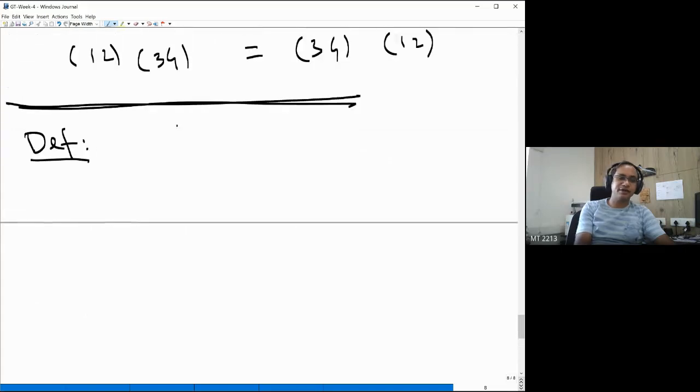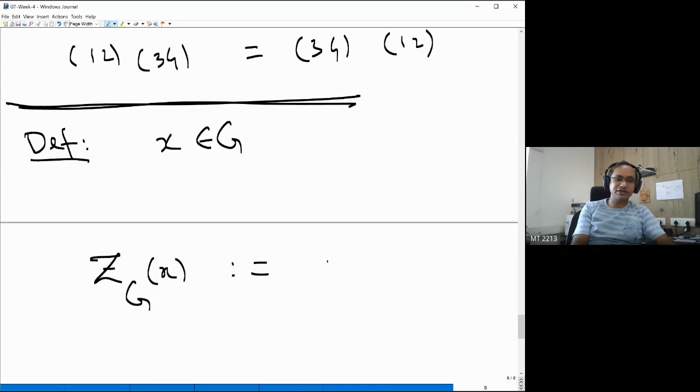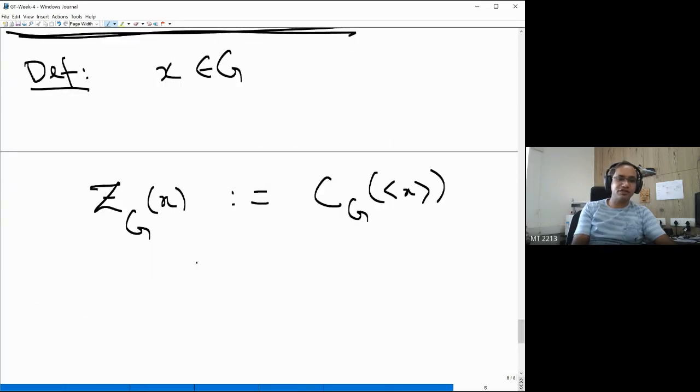If I have some element X in G, then we define the centralizer of X in G to be the centralizer of the subgroup generated by X in G. Instead of writing it this complicated way, you can think of it simply as all those elements of G which commute with X, right? It's clear?